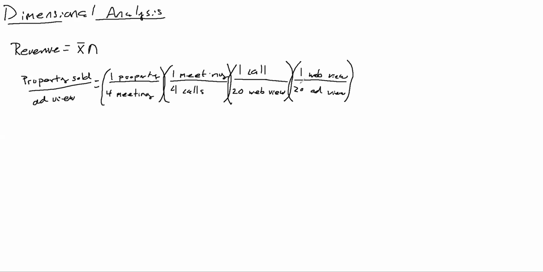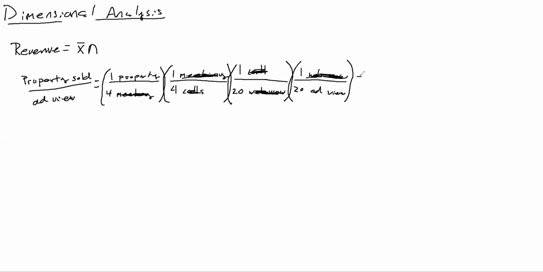And in this, you see that it cancels out, just like we did in chemistry. The web views cancel out with the web views, the phone calls cancel out with the phone calls, and the meetings cancel out with the meetings. And we're left with one property per 4 times 4 times 20 times 20, which is 6,400.